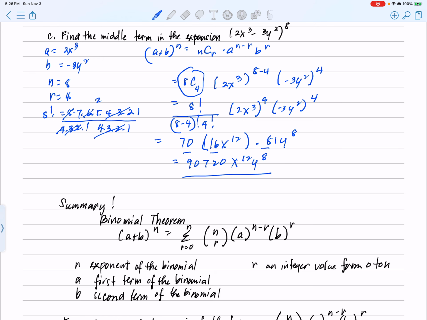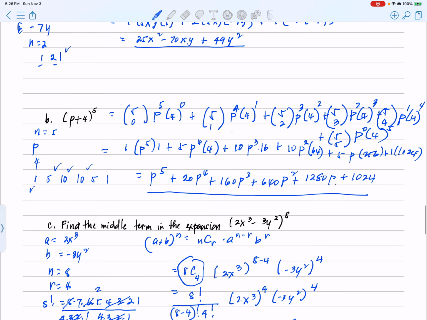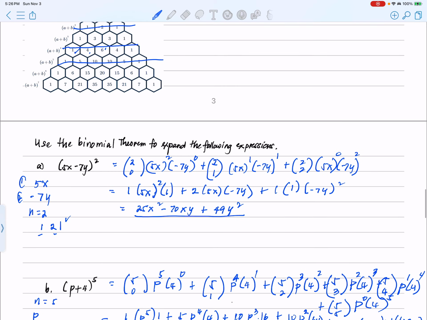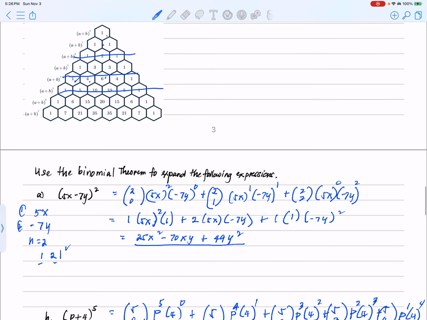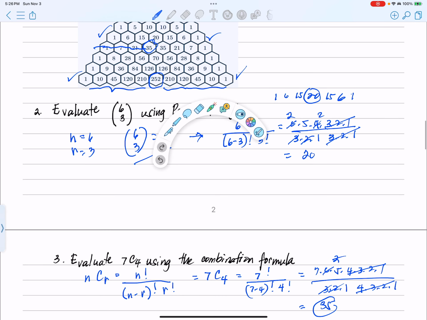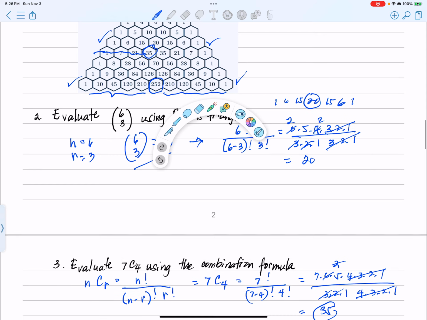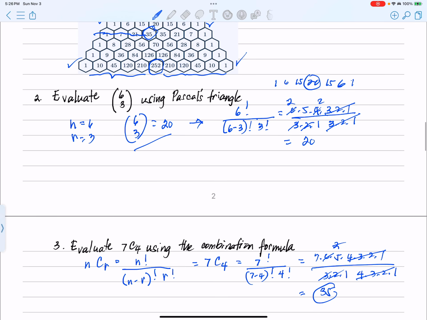And can we find it in the Pascal's triangle? Let me go to the row for the 8th, or the 10th. Okay, we found it here, the 70.